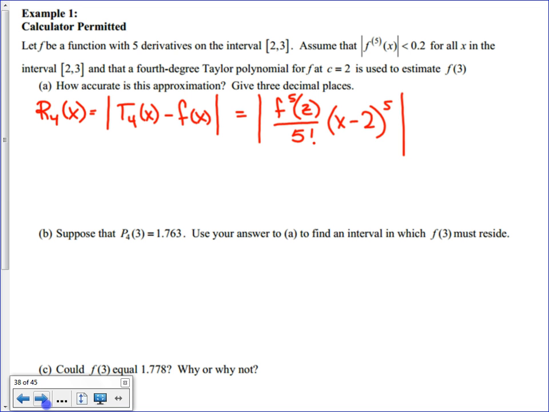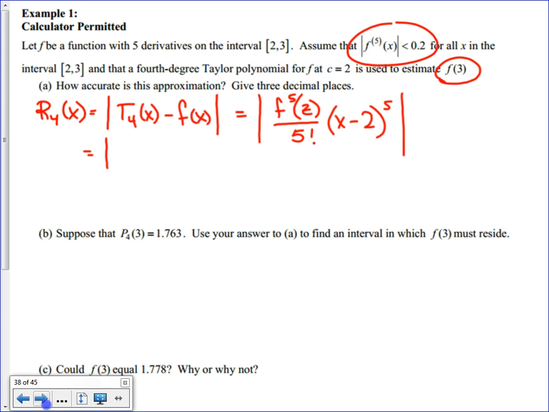Assume that, okay, they gave me a few different things, right? I have this. I have estimating f of 3. How can I use those then? What's my x if I'm estimating f of 3?